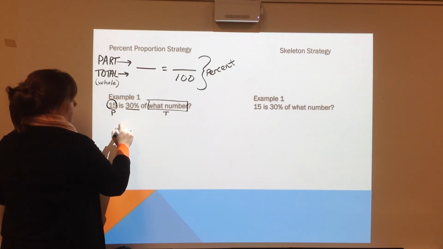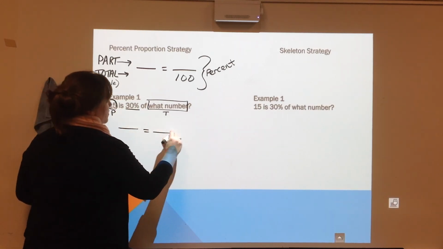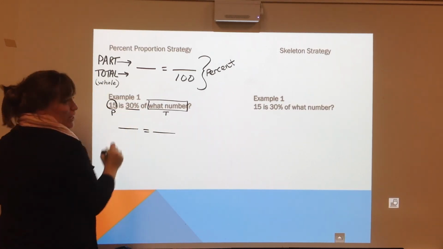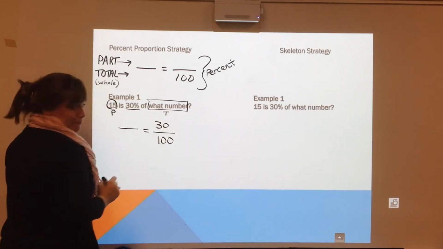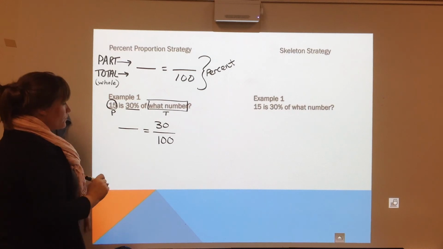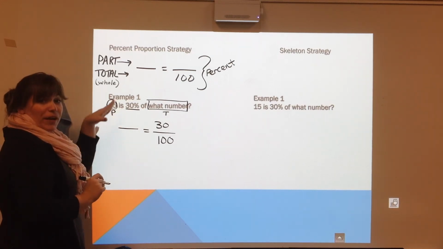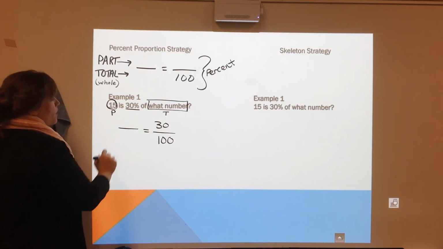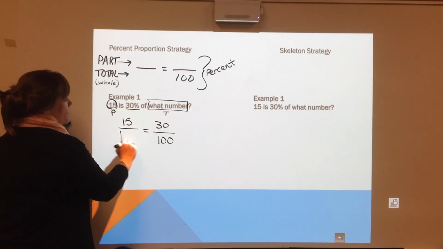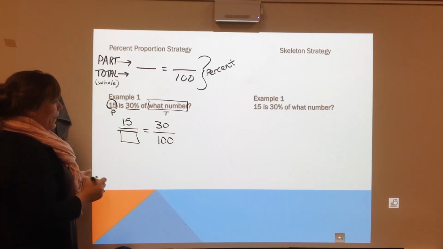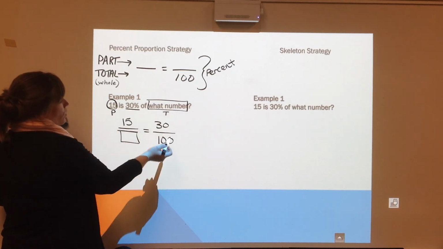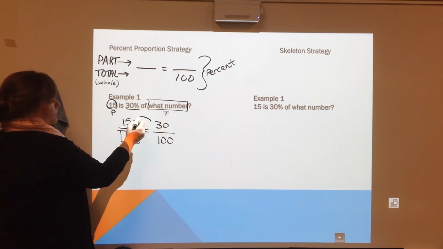So when we are using the percent proportion, we're going to take our percent and put it into fraction form. That's on the right side. On the left side, we're going to have our part and our total. Our part is what we know, and our total is what we're trying to find. Now, we have to look, how would we go from 30 to 15?